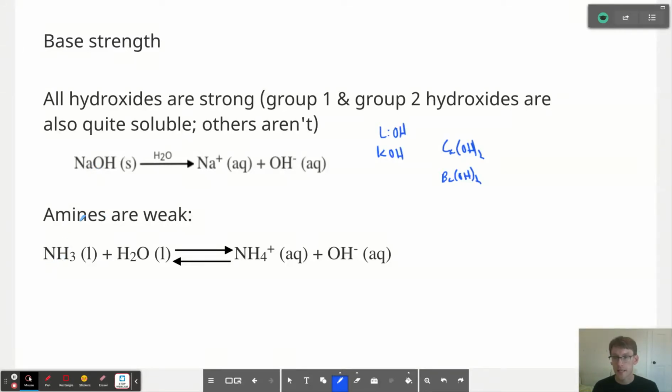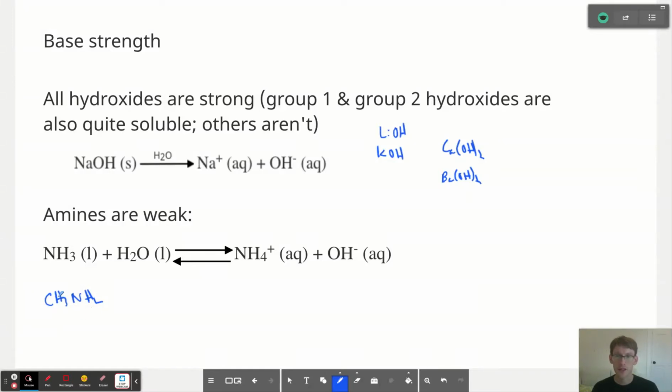I said amines are weak. This is ammonia, but there are lots of other cases that contain nitrogen that are organic molecules like CH3NH2, and a lot of other cases where there's that nitrogen there that can act as a base.